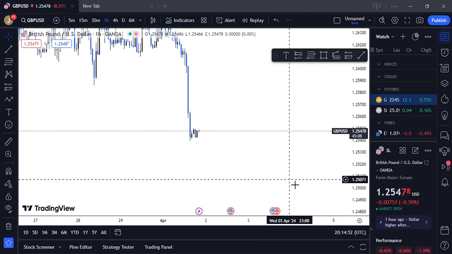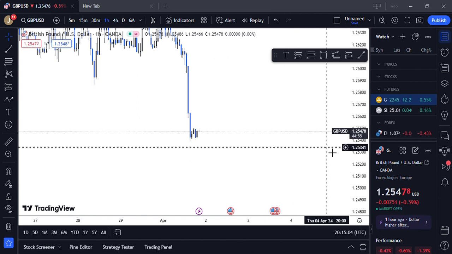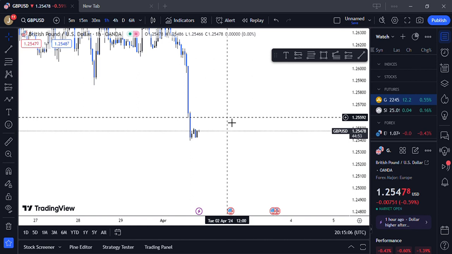I'll repeat that again. Listen carefully. $1.25 is equivalent to £1. GBP, that's Great British Pound. So again, $1.25 is equivalent to one Great British Pound, £1. That's the equivalent.